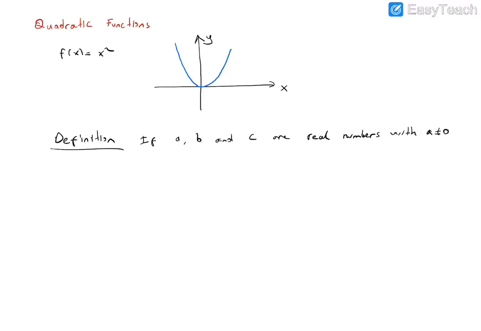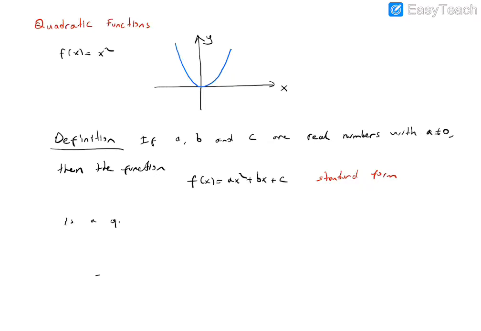If a is 0, we have a linear function, because then the function f of x equals ax squared plus bx plus c. Again, this is a standard form. You will see we have a vertex form, etc.